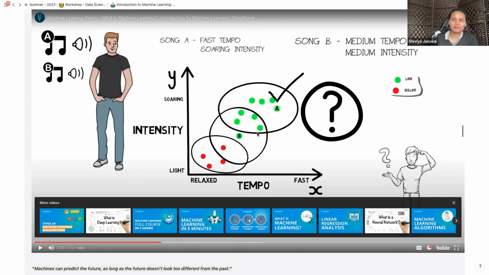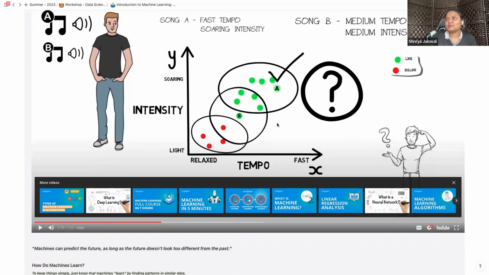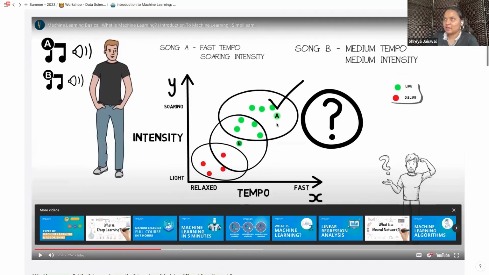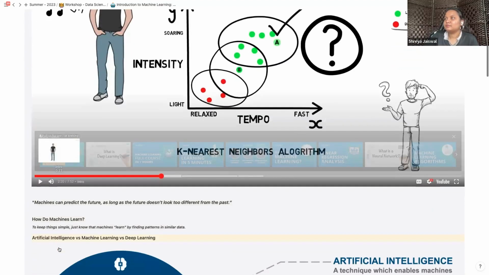How does that happen? It's something close to this. It understands and groups our likings, and based on that it recommends what we would like in future. So this was a very simple example of Paul liking a song or not.